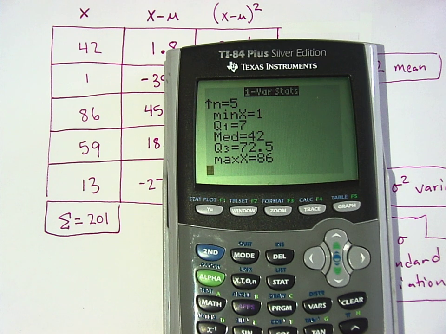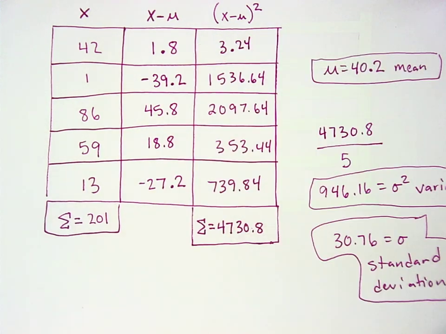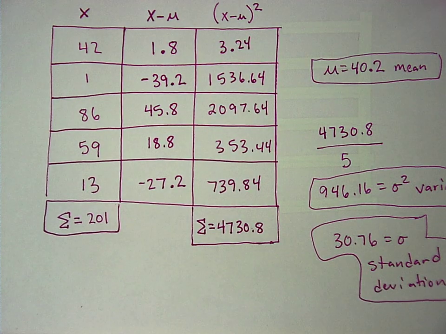Why do they use X bar instead of mu? Because it's assuming that it is a sample. But also, sample and population means are calculated in exactly the same way. The reason why it is different for a sample standard deviation is, I don't know if I wrote this on the next page. Oh, there it is.